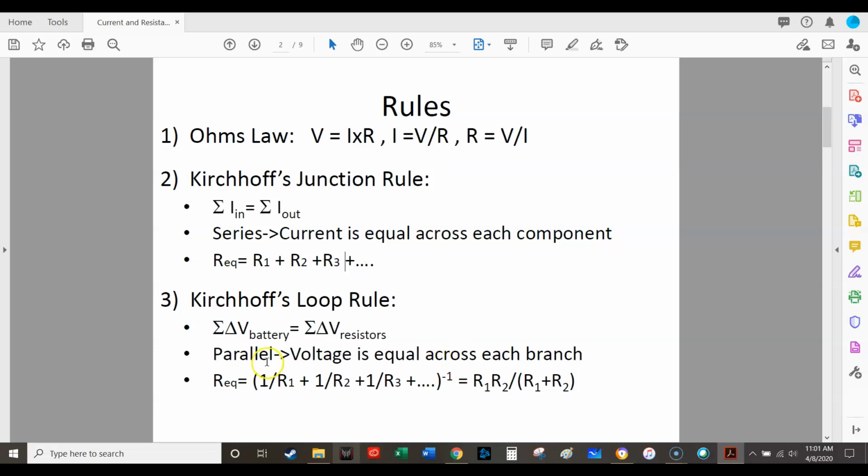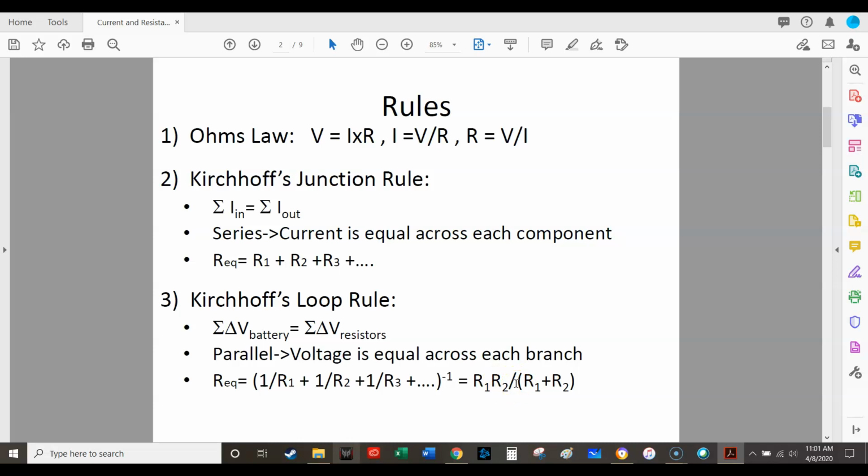The consequence of that is if you have two components that are in parallel with each other and you know the voltage on one of those components, that is the voltage on the other one. And we're going to find out later on that if you have two resistors in parallel with each other, you can merge them together and they will act like one resistor, which is the product of those two resistors divided by the sum of those resistors.